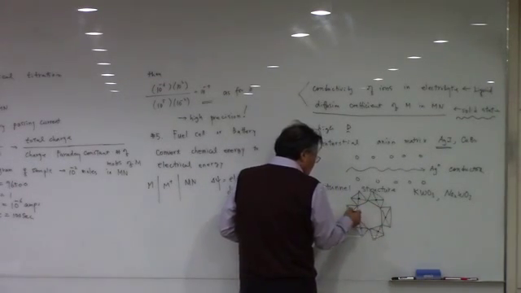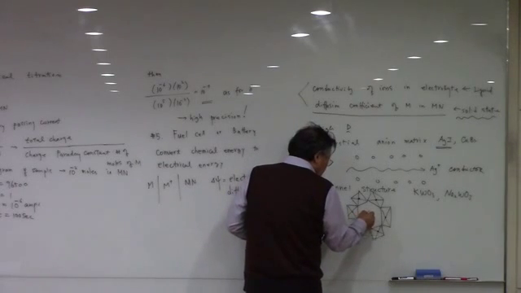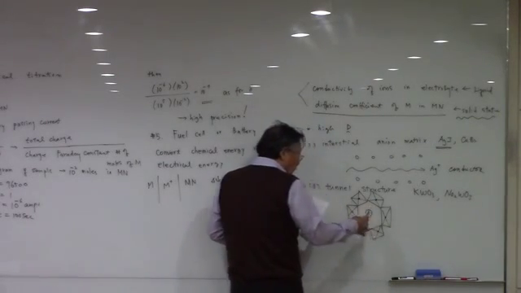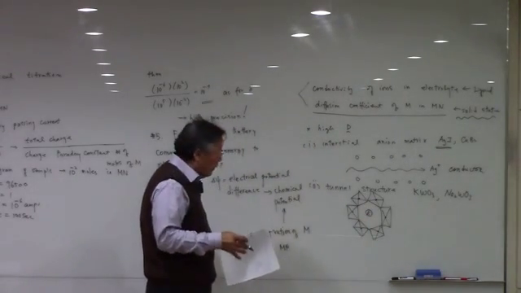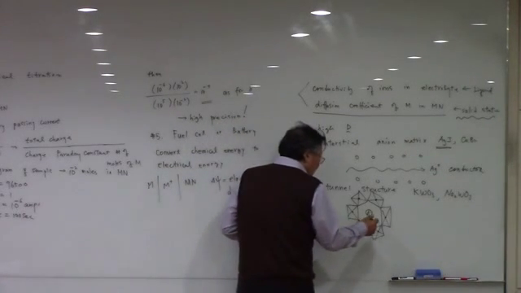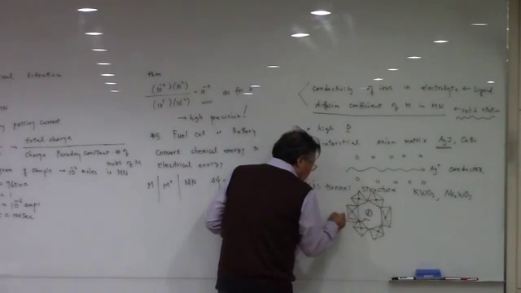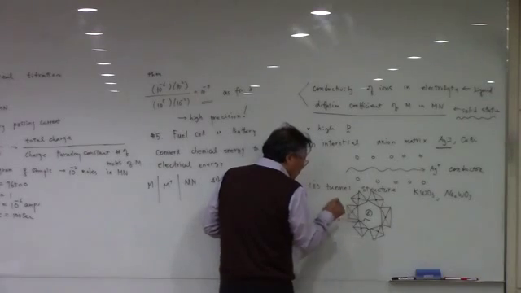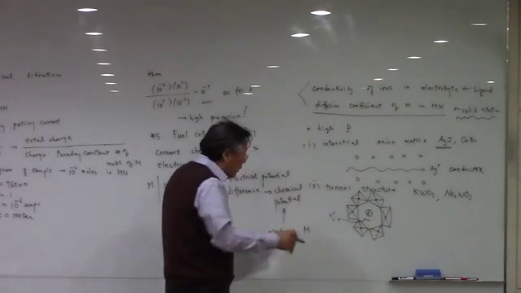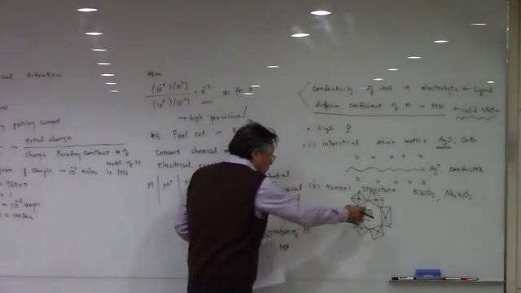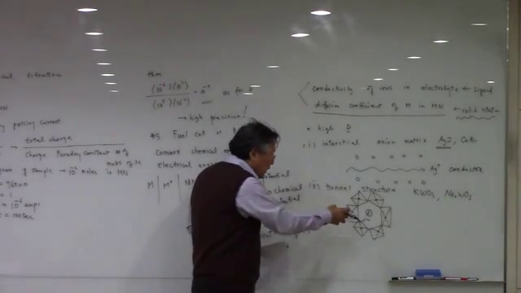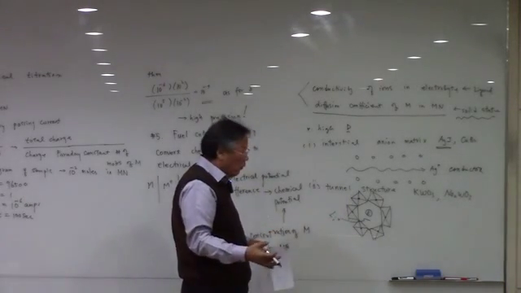This is the oxygen framework, and we have potassium in the hexagonal tunnels, very wide open, and then lithium ions can go into this open structure through these hexagonal tunnels. It's like a freeway.